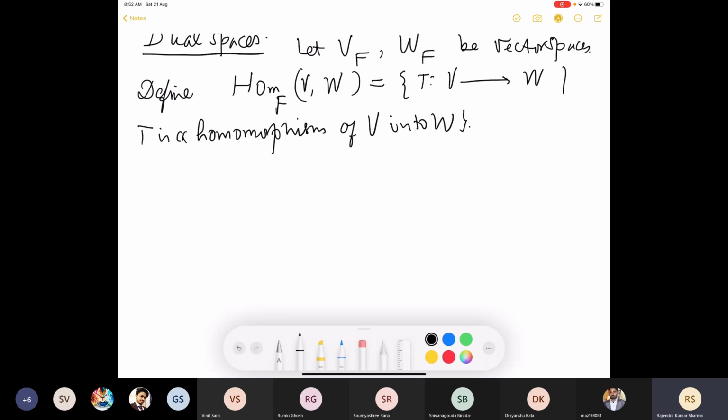Now we want to make this a vector space with respect to some addition and scalar multiplication.